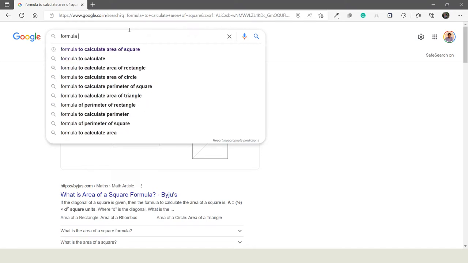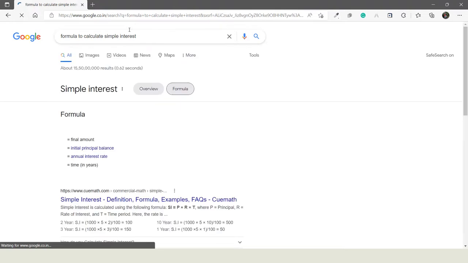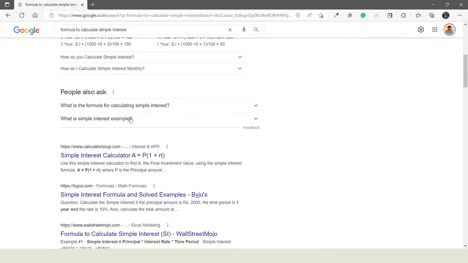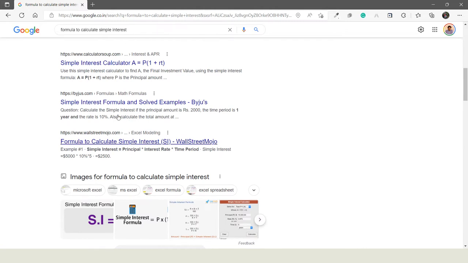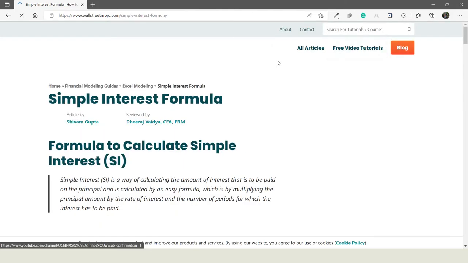Let me search it. Formula to calculate simple interest. You can see the formula. This is a different one. Okay, yes, this is the formula.